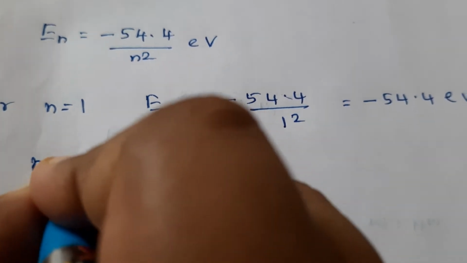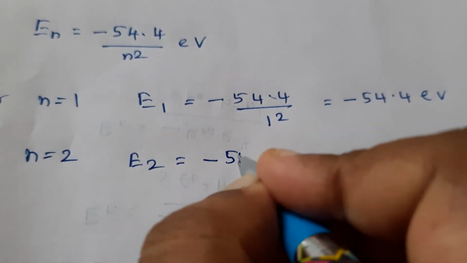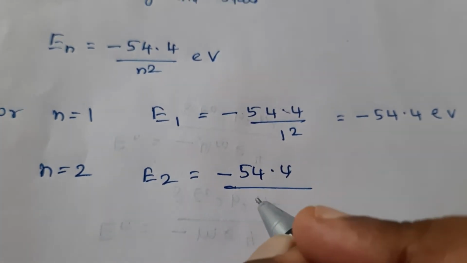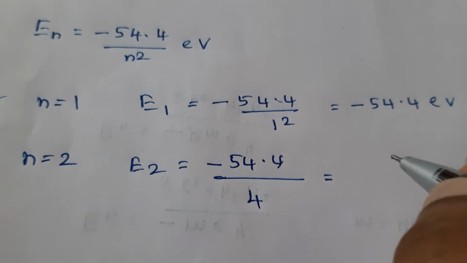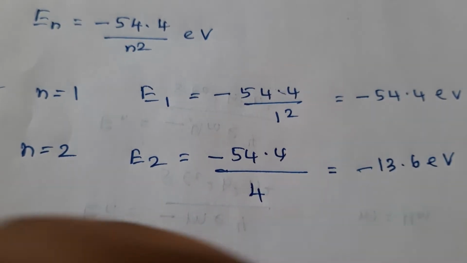Now n = 2: E2 = -54.4/n², where 2² is 4. If you divide this, you will get -13.6 electron volt.